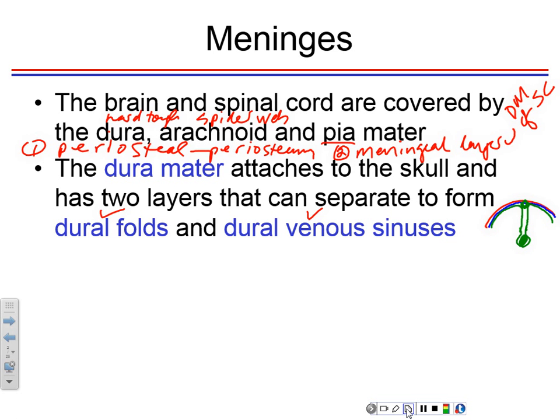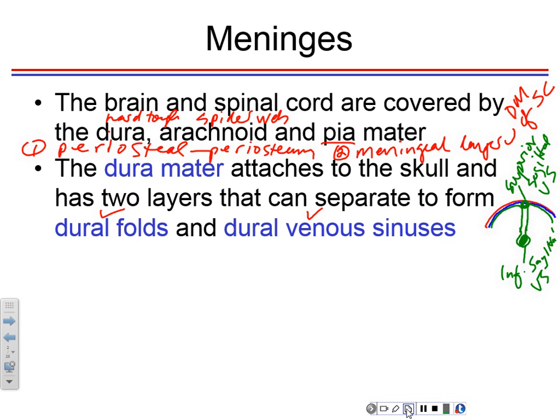So the top one is called the superior sagittal venous sinus, from the sagittal plane. And then the one on the bottom will be the inferior sagittal venous sinus.